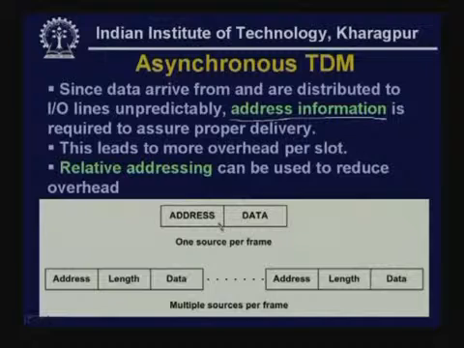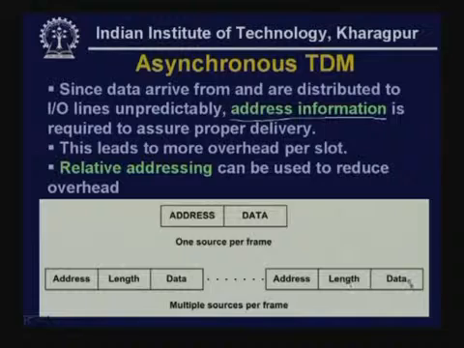However, the most general case is that we can send data from several sources per frame. For example, each source's data can have an address field, a length field and a data field.